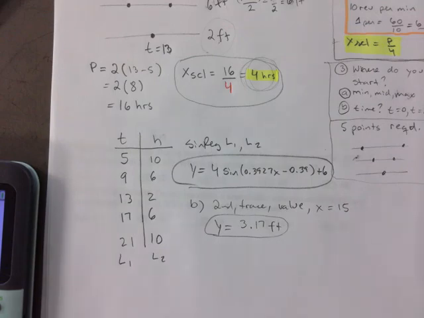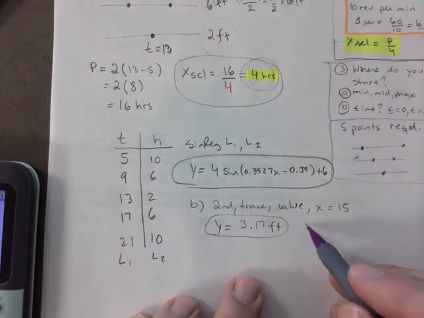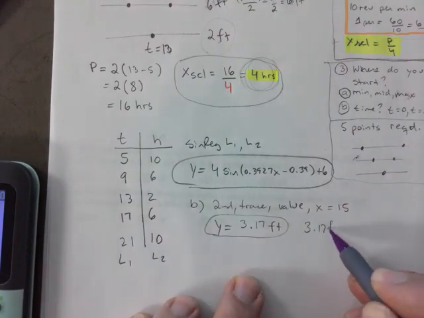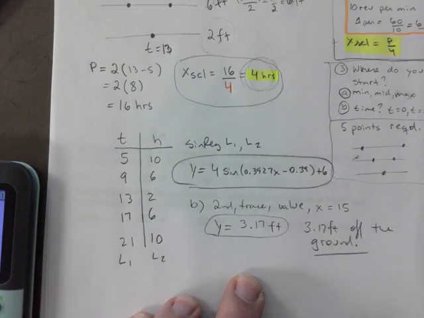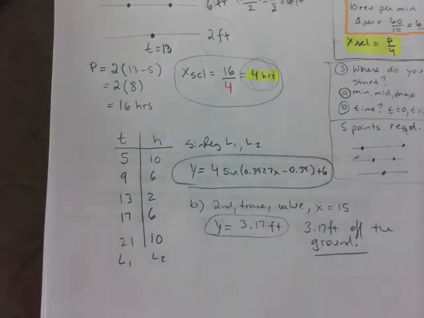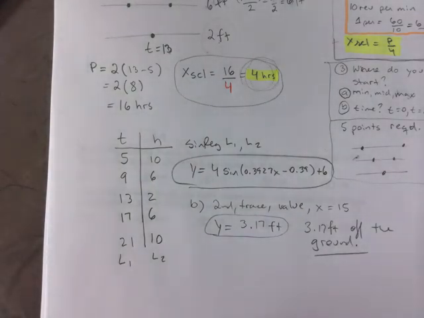It's the height off of the ground. Right, 3.17 feet off the ground in this case. Sometimes there's a reference point, so you could actually go minus because you're going below that marking on the shoreline perhaps. So that's different in that case.